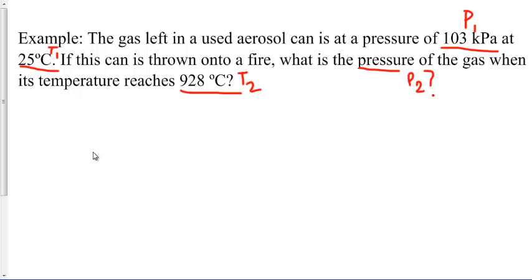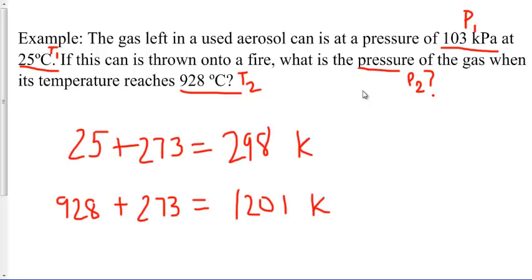You should have labeled P1 and T1, and T2 is right here, and we're finding P2. We always have to use Kelvin for temperature, so I'm going to add 273 to each of those temperatures: 25 plus 273 gives us 298, and 928 plus 273 gives us 1201 Kelvin.